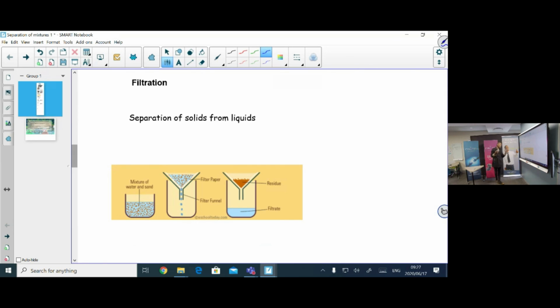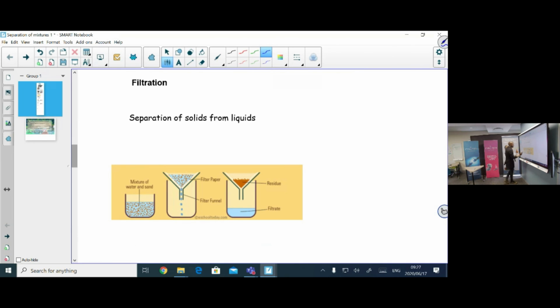So what happens when you have a liquid mixed with solids? How can you separate those? You cannot use a sieve, you cannot use hand sorting, but what you can use is this next method, which is called filtration. With filtration, we are separating solids from liquids, right?